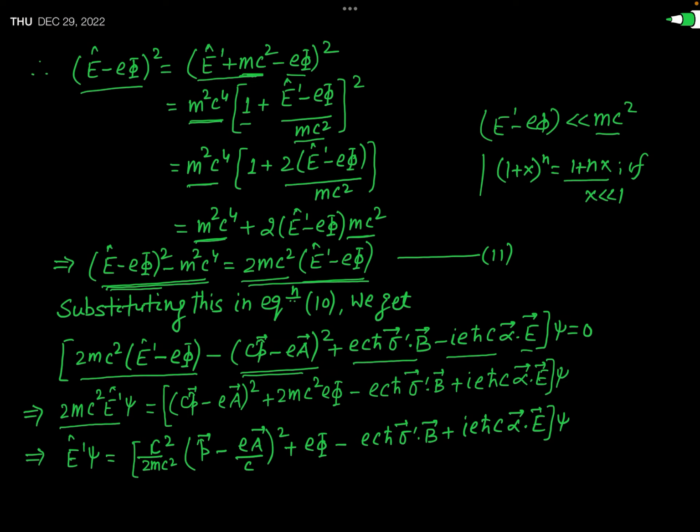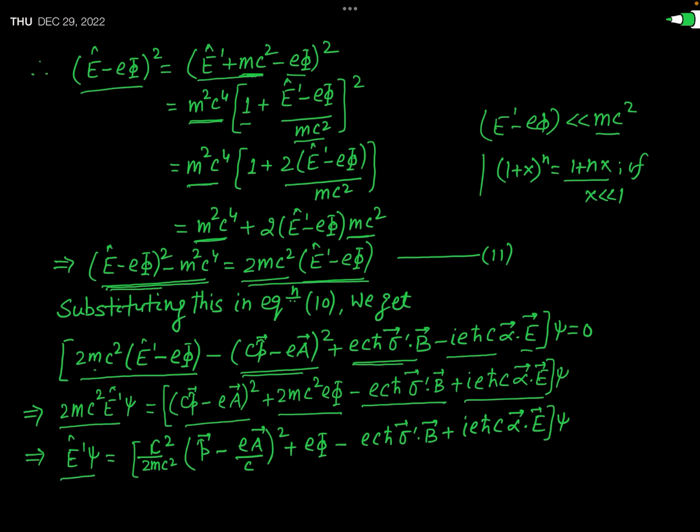When this term minus cp minus eA whole square is in the RHS, that will become plus cp minus eA whole square, okay? And this 2mc square times minus E phi will be plus 2mc square E phi in the RHS. Okay, and ech bar sigma dash dot B, when it is in the RHS, this will be minus ech bar sigma dash dot B, and this negative term will now be positive in the RHS.